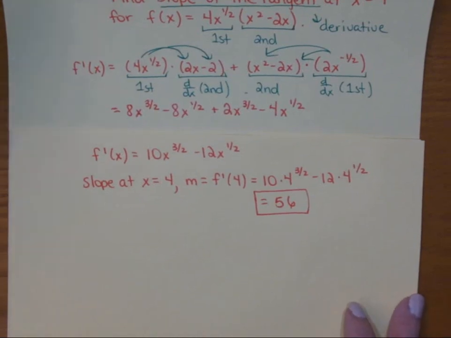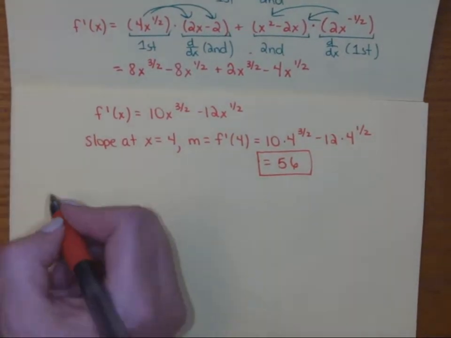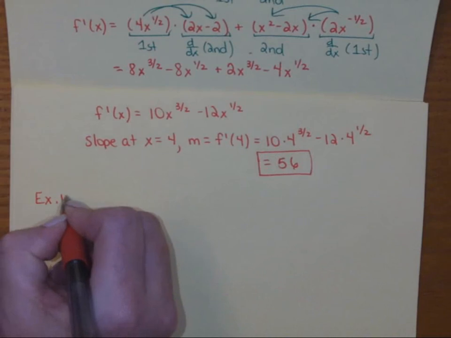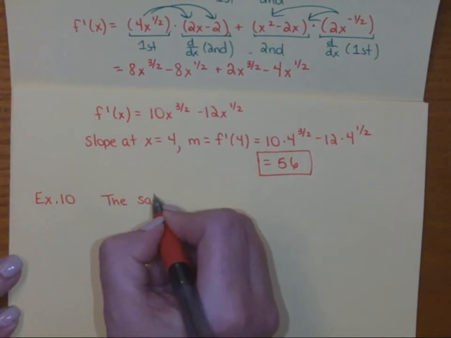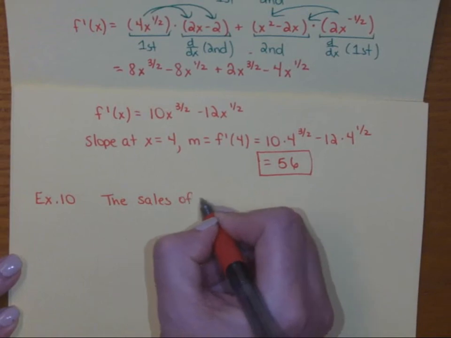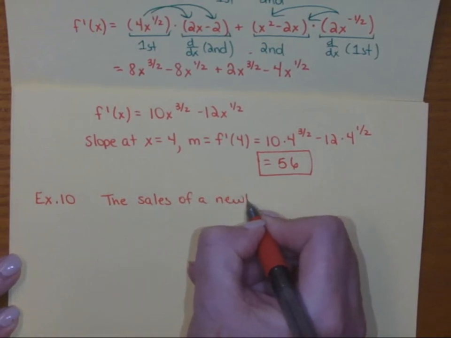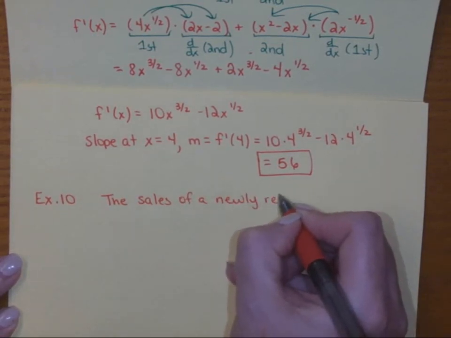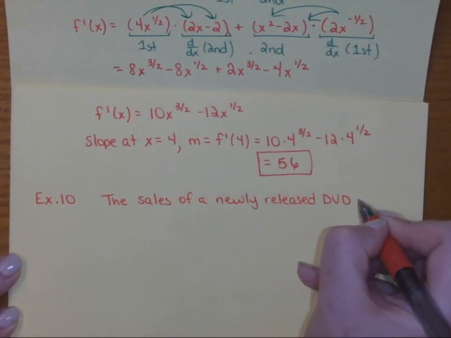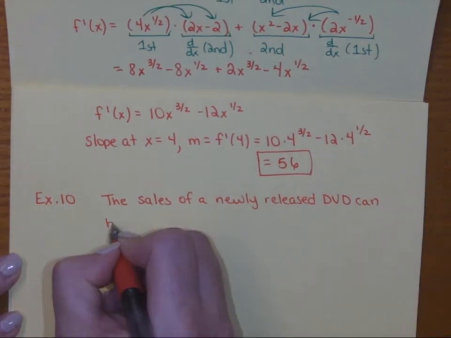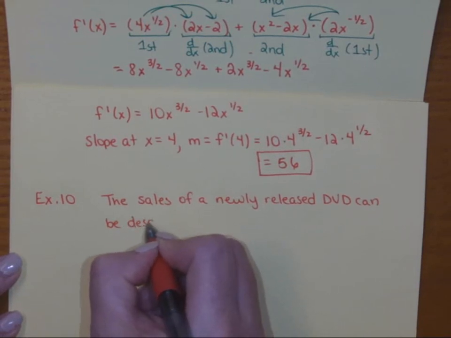All right, so last but not least, let's do a problem where we maybe do an application, maybe a business application. So sales of a newly released DVD can be described using the following function.